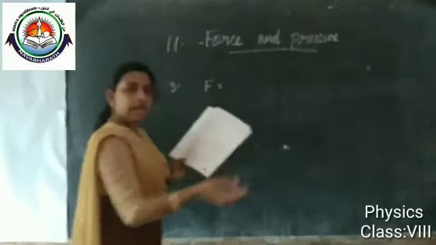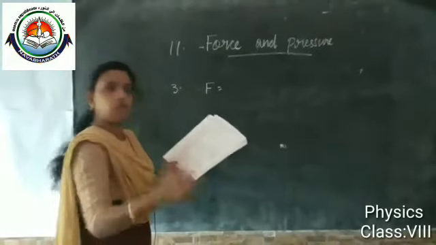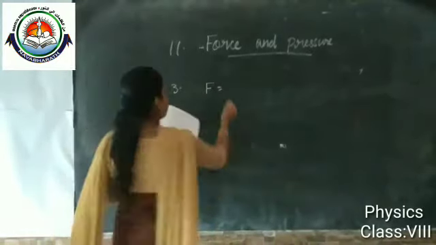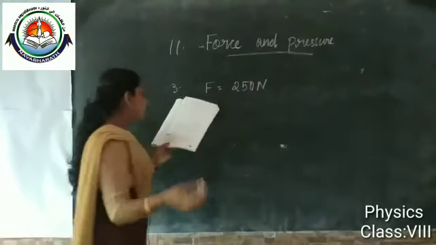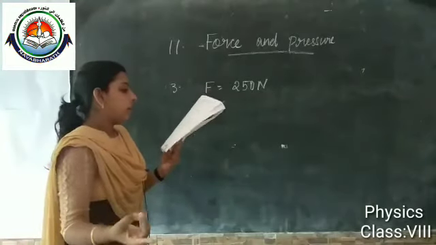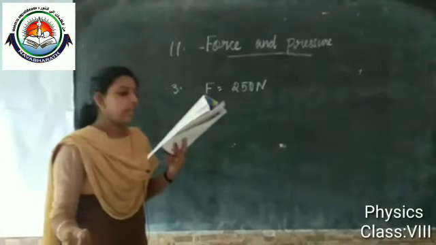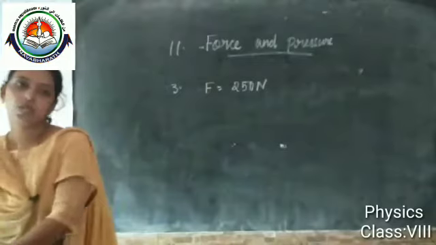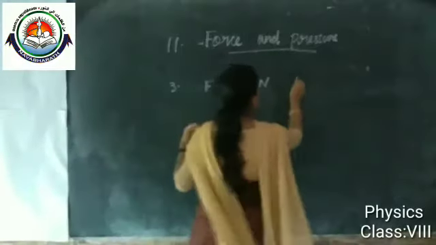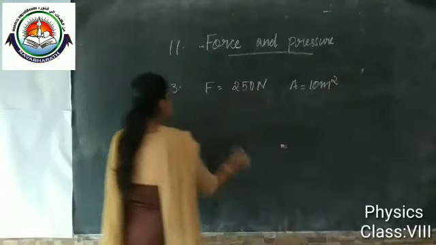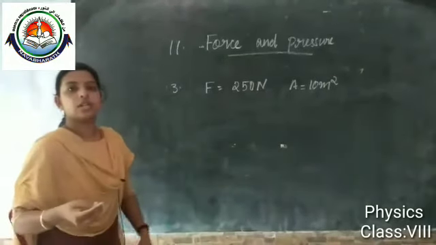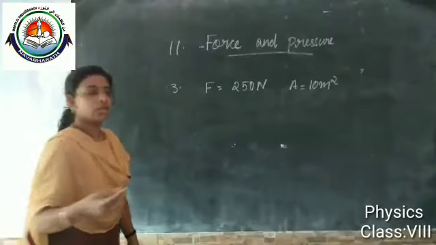In Newton, actually it is expressed, that is force, weight. So force is equal to 250 Newton. Then area is given. Area is 10 meter square. So what we need to find out?